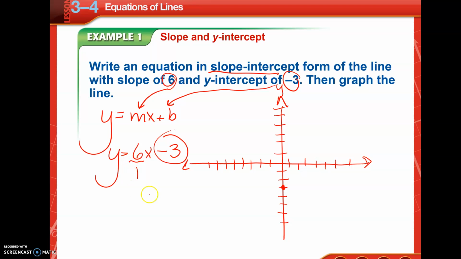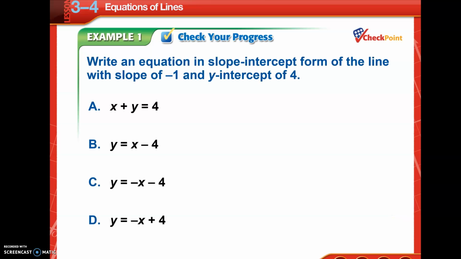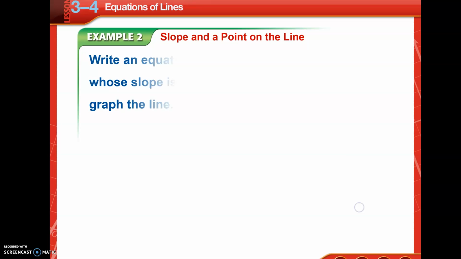So since it's a positive 6 over 1, I'm going to go up 1, 2, 3, 4, 5, 6 over 1, and once I have 2 points, I can draw my line. And that represents any x I could plug in there, and all the x, y points that meet this requirement. So try that one, and then I would try to graph it also on your notes so that you can make sure you understand that part.